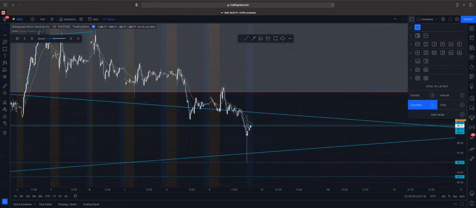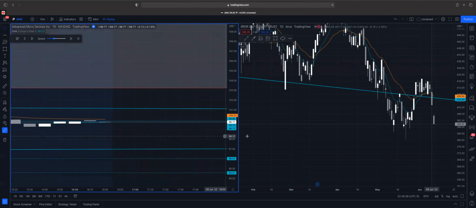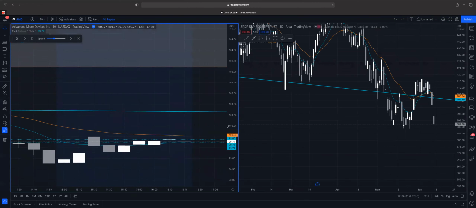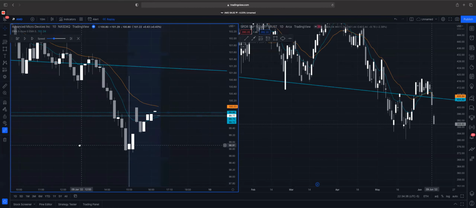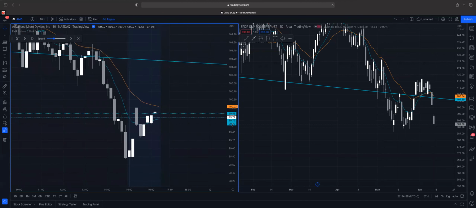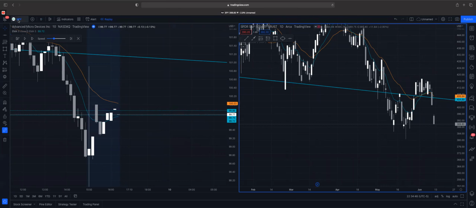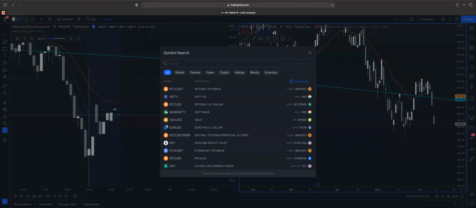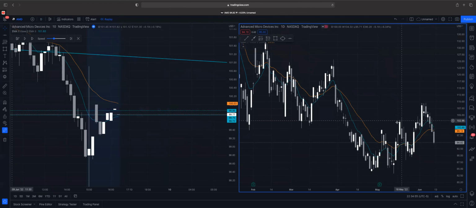And then I normally have a bigger time frame so I can catch a bigger move. So we have the 10-minute time frame, and then the hourly time frame, right?